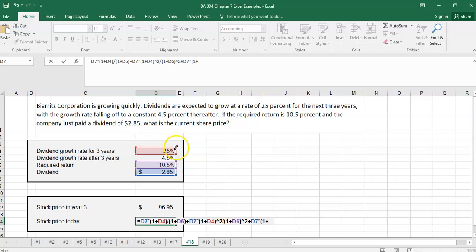So the 25% again, this time to 3 years, divided by 1 plus the required return to 3 years, plus the stock price in year 3, divided by 1 plus the required return to the power of 3.